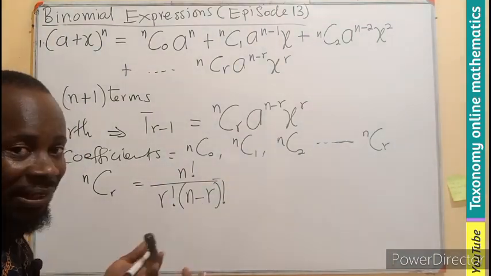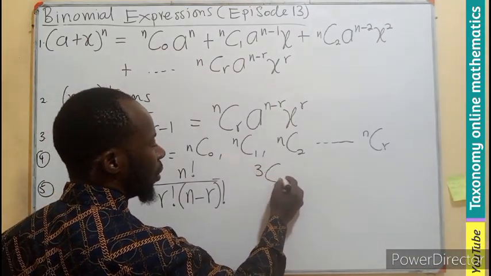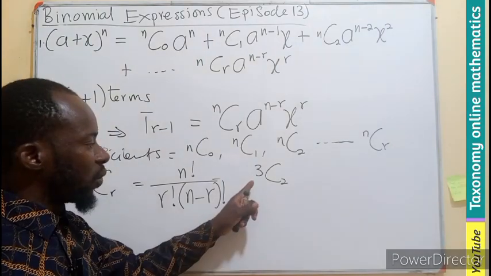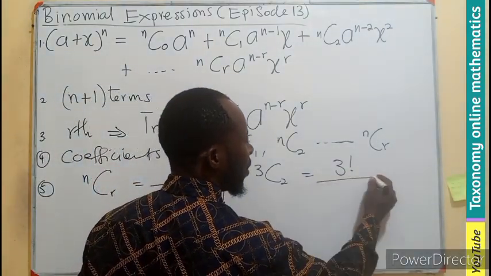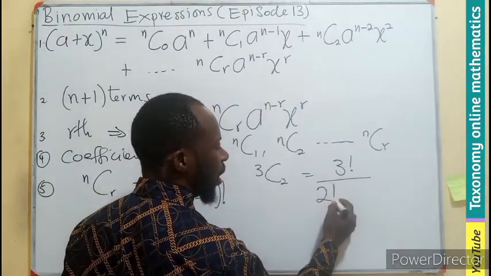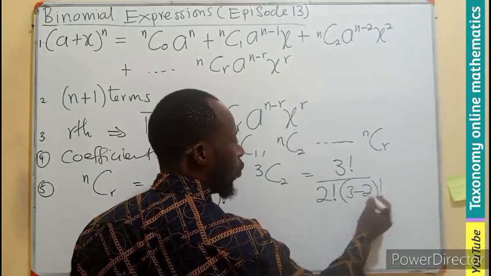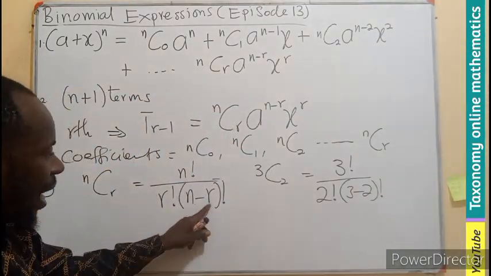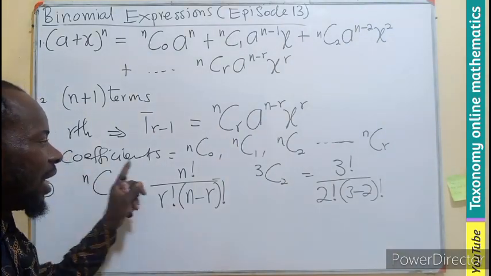In a simple term, if I have, let's say, 3C2, this simply means 3 factorial divided by 2 factorial times (3 minus 2) factorial. I believe the r is the subscript here, then the top superscript here is the n.